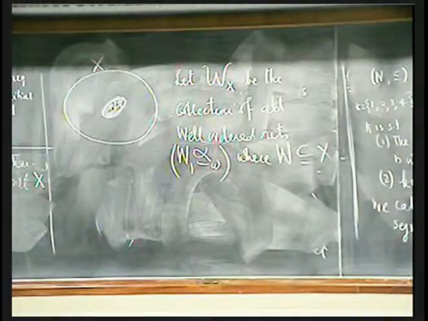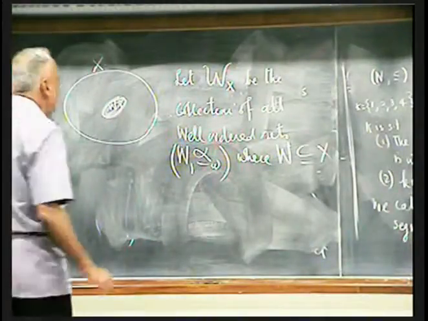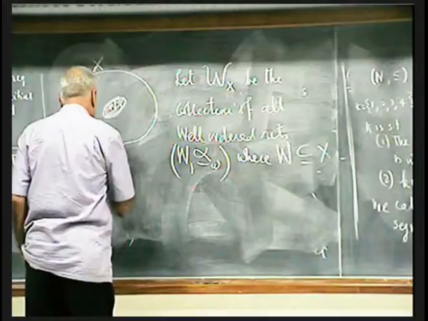So that collection Wx is a non-empty collection. There are many singleton fellows sitting inside.